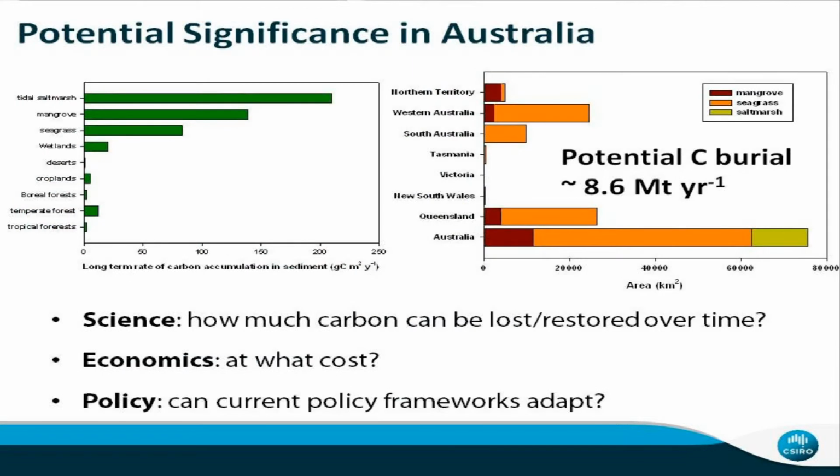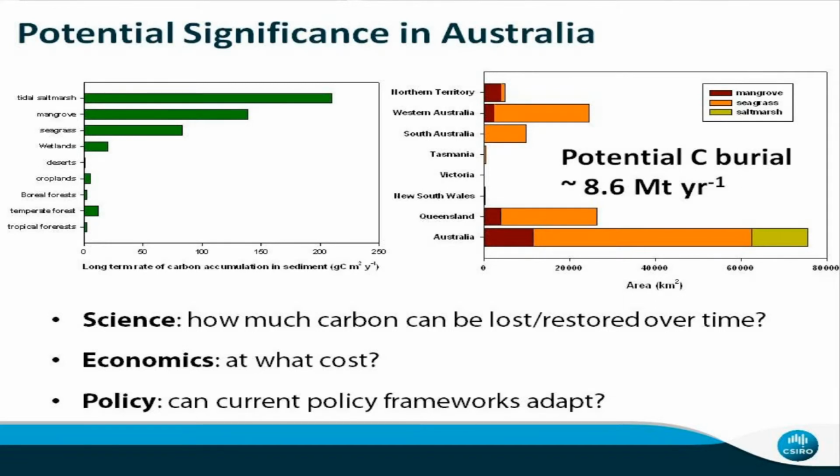In fact, if we look at the contribution in carbon accumulation here, on the left side you've got the different habitats: tidal salt marsh, mangrove, seagrass, wetlands, and then compare that to the bottom half of the plot. You've got deserts, croplands, boreal forests, temperate forests, and tropical forests.